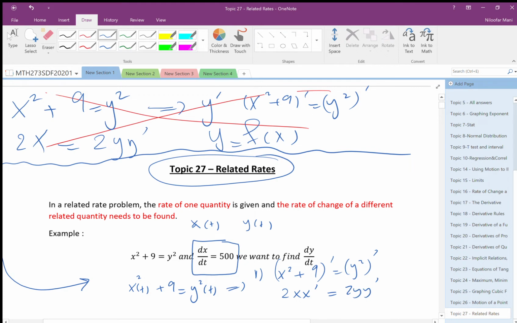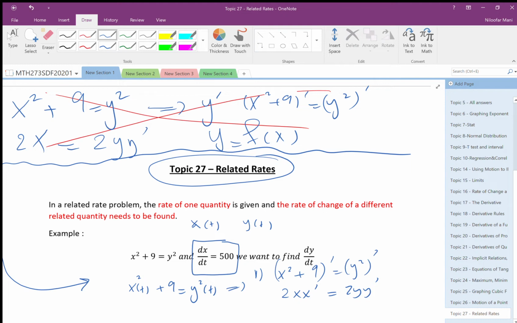So if you have x, you need x prime. If you have y, you need y prime. If you have z, you need z prime. Unless I tell you one of them is constant, then you do 0. One of them doesn't change with respect to time, or I consider it constant, so then it will be 0 and I don't need to include it. Otherwise, everything needs a prime here, okay?